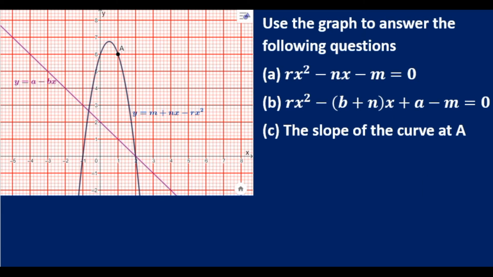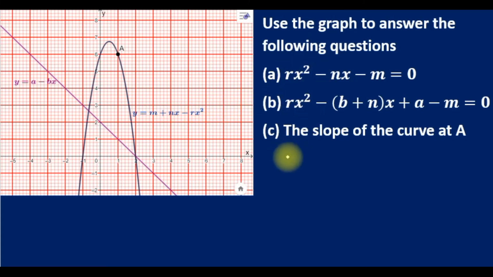The two equations, I need to remember we are using this graph, so I need to transform this to look like what I have on the graph. What I have on the graph is y equal to m plus nx minus rx squared. The coefficient of r in the graph is negative, so we need to change it to negative.